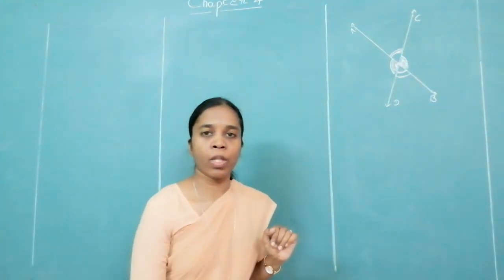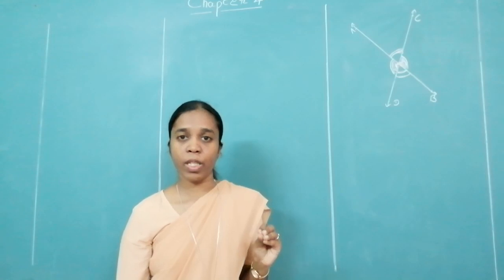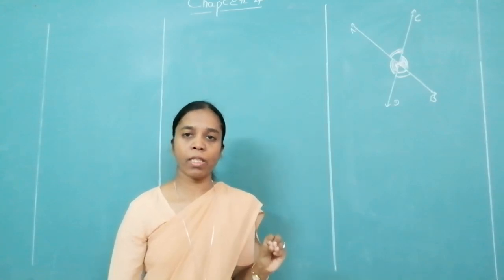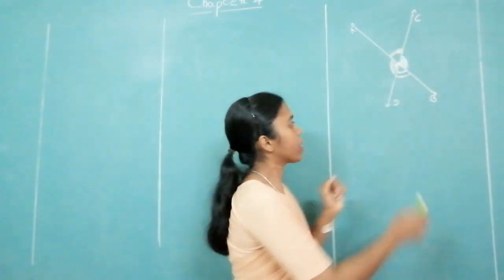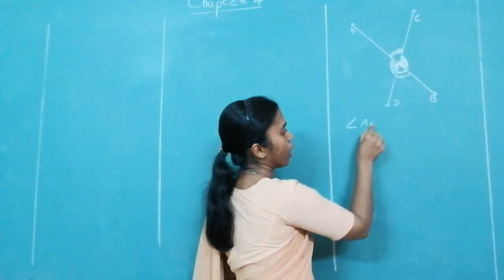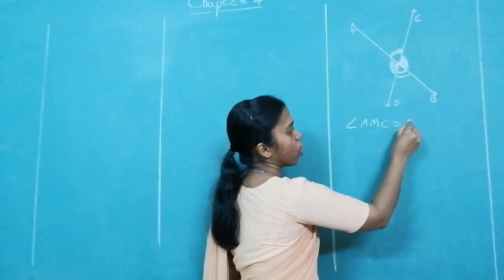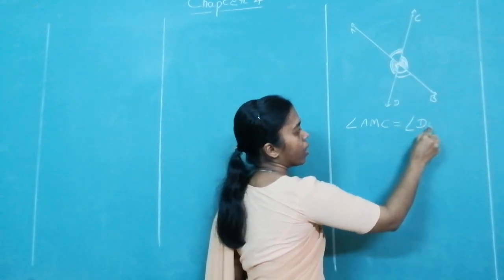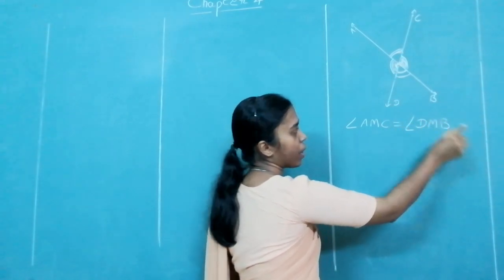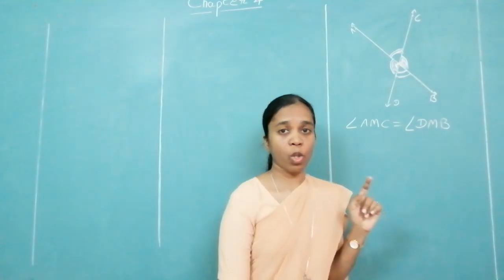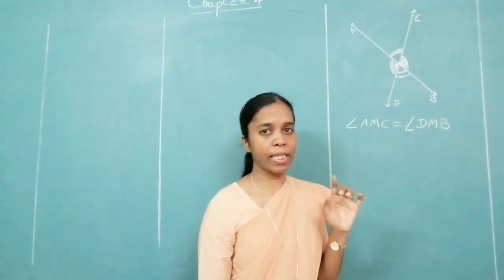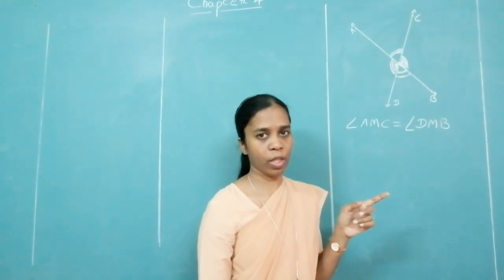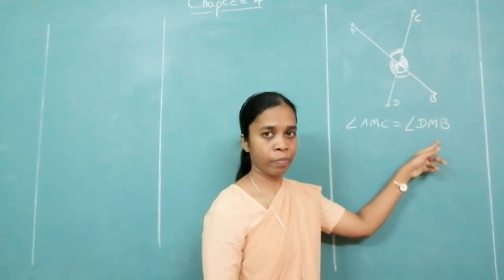Now, they say vertically opposite angles are equal, meaning angle AMC is equal to angle DMB. We get vertically opposite angles when two lines intersect each other. The vertex will be the same.